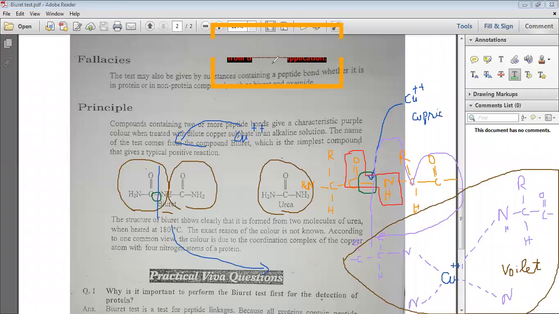But right now we discussed only the qualitative test for the detection of protein. So right here we don't need any spectrophotometer, and we can detect the proteins by producing the violet color in the test tube.